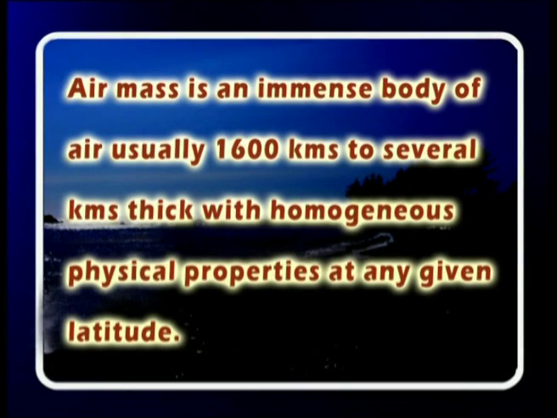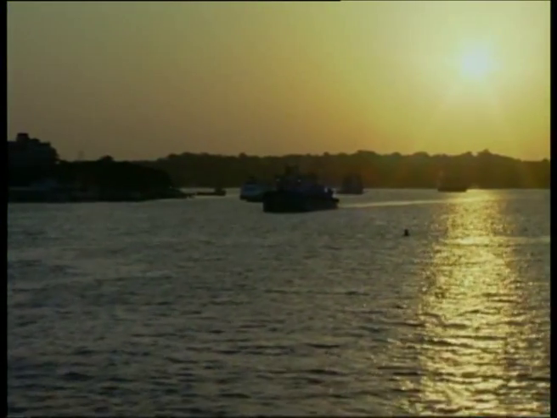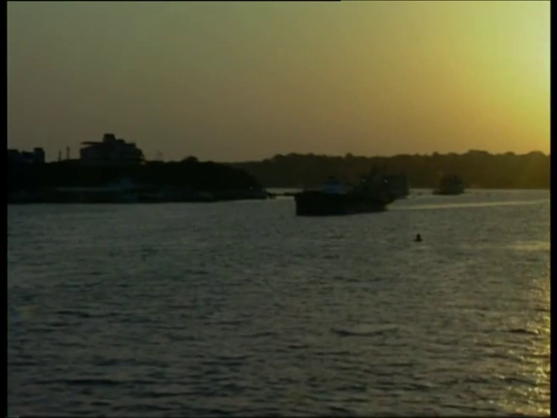Definition and characteristics. An air mass is an immense body of air, usually 1600 kilometers wide and several kilometers thick, with homogeneous physical properties at any given latitude. The body of air that moves over land and sea surface acquires temperature and humidity characteristics which are uniform in the horizontal direction at different levels.